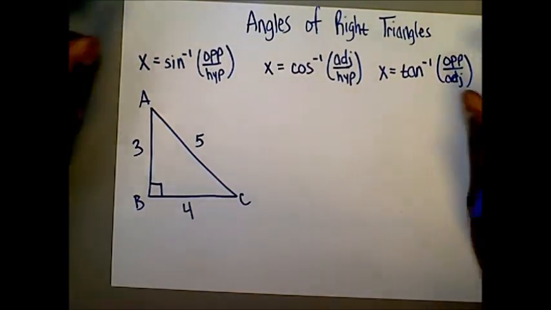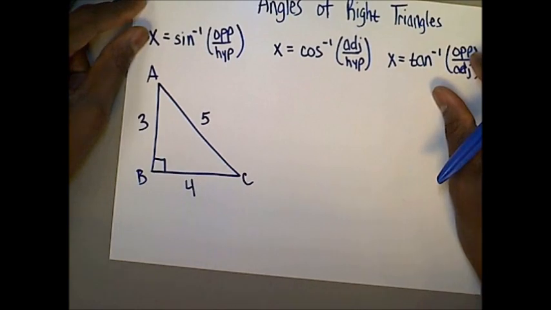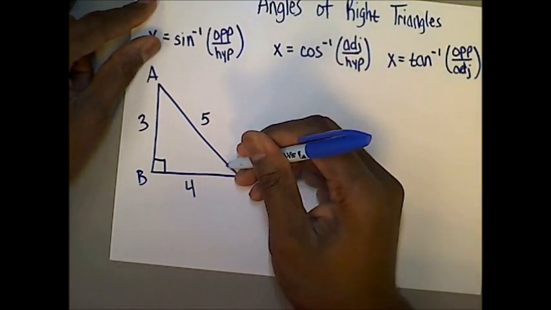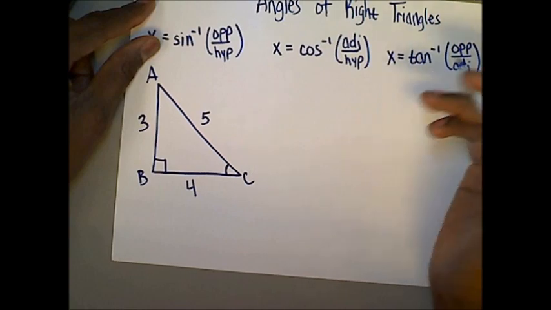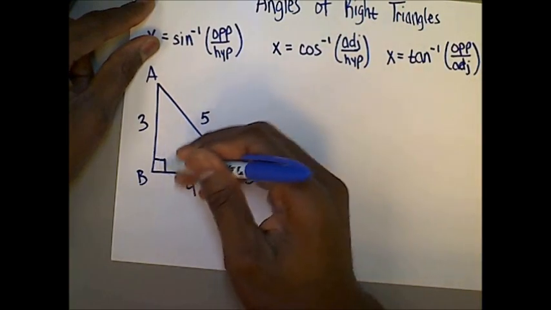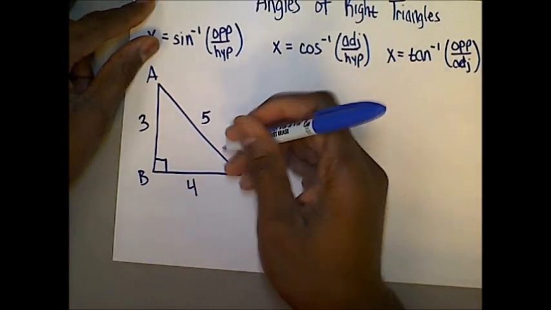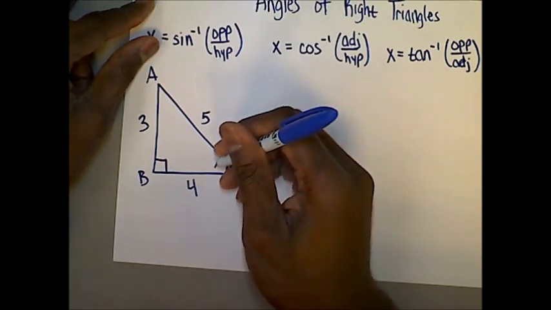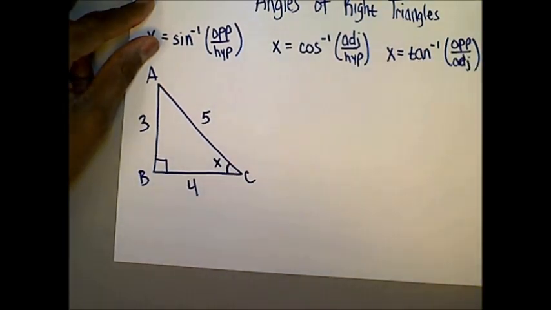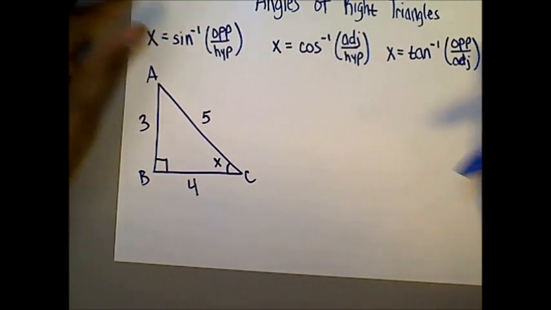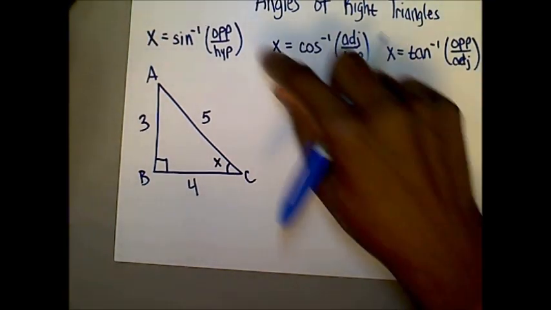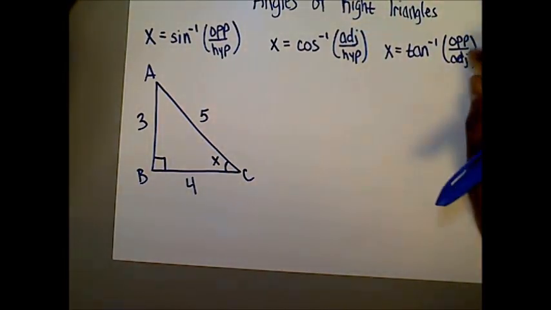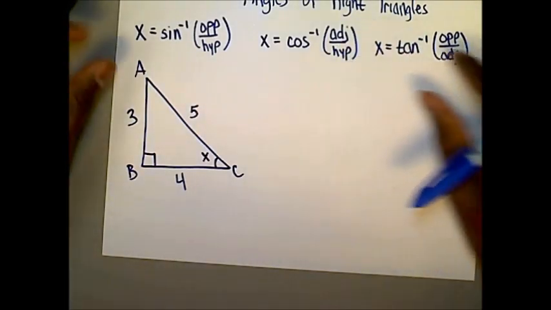So, say for example, I wanted to know what the measure of this angle was, right? I don't know what it is, but I want to solve for it. We know this angle right here is 90, but I want to know what angle C is. So I'm going to use my variable x for angle C. Okay? And so since I'm working with this angle, like always, we need to identify our opposite and adjacent and hypotenuse sides. That's hypotenuse right there.